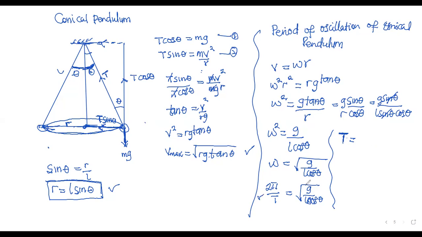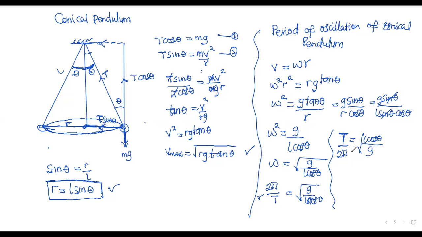What I have here, if I reciprocate both sides of the equation, I'll have T over 2 pi, and the right-hand side would also be square root of L cos theta over g, isn't it? If I take the reciprocal of what I have here, isn't it?